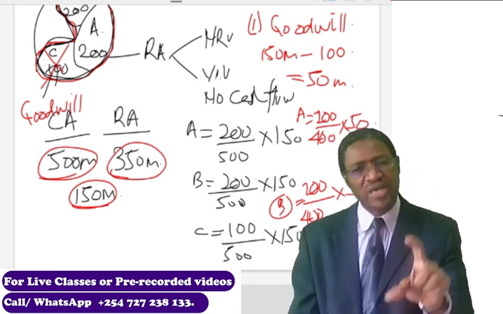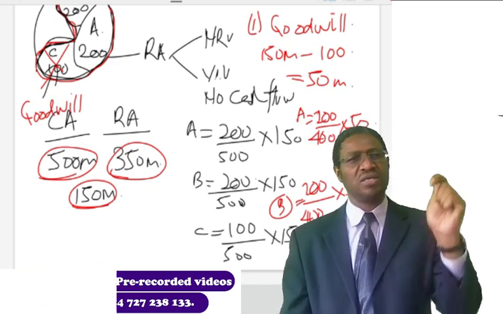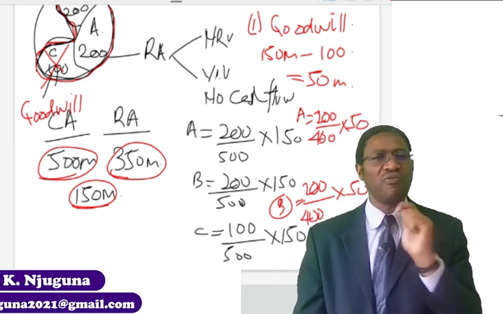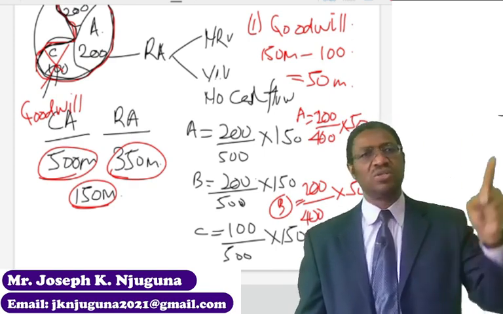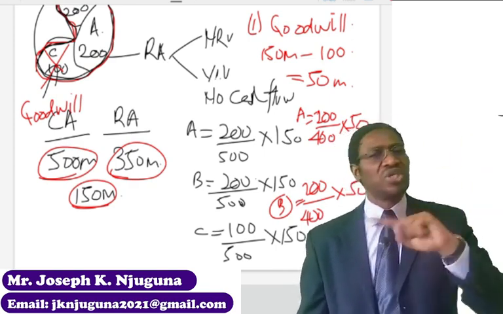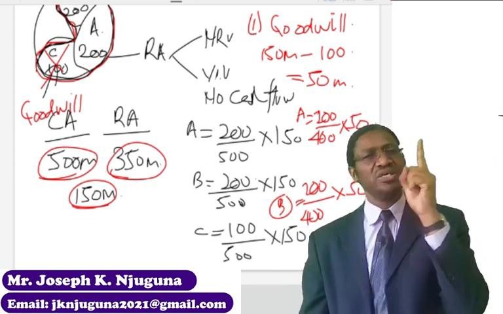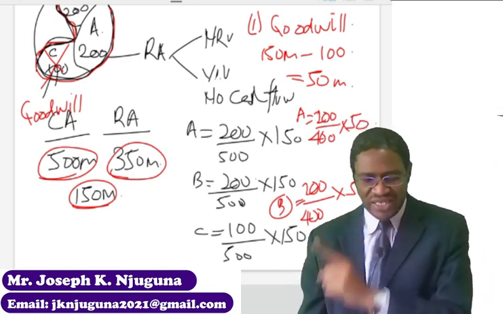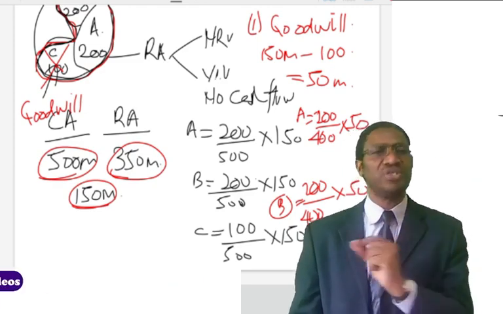A cash generating unit is the smallest group of identifiable assets which can generate cash flows on its own.